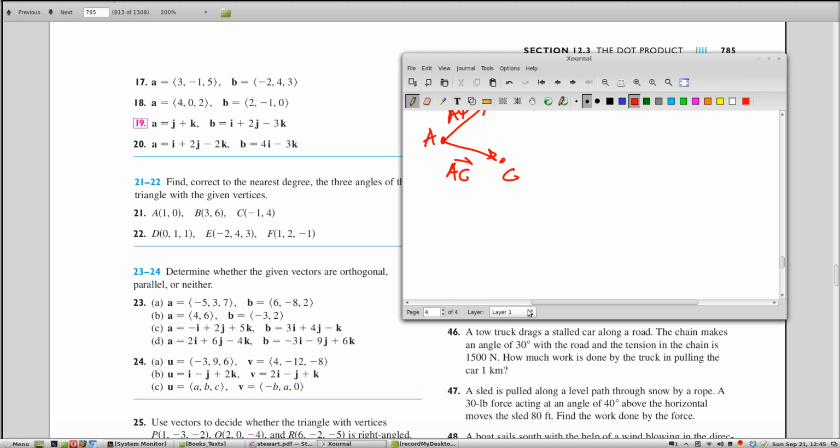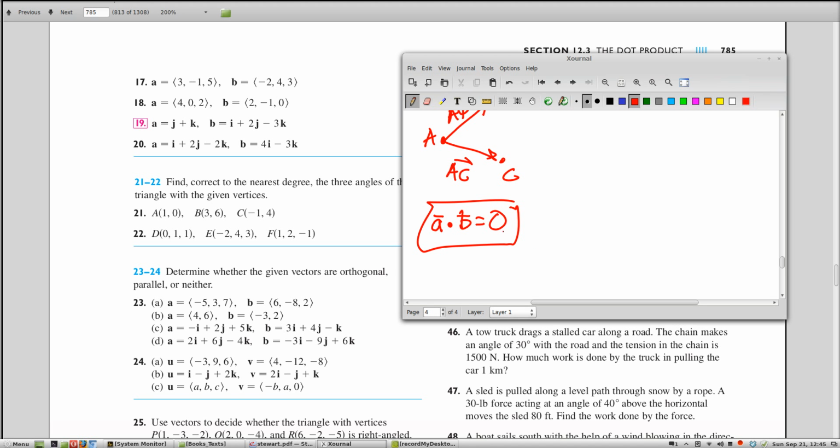Determine whether the given vectors are orthogonal, parallel, or neither. So what does orthogonal mean? A dot B equals 0. If A and B were orthogonal, then the dot product is 0, and if the dot product is 0, they are orthogonal. That's the definition of orthogonal, and geometrically it just means perpendicular.